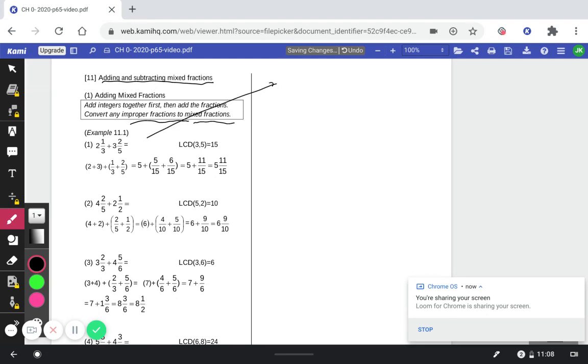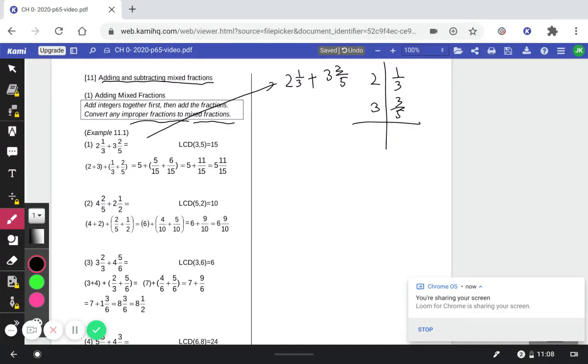So, for example, when you add 2 and 1/3 plus 3 and 2/5, the way you do it is you write it in a vertical way, 2 and 1/3 and 3 and 3/5. And then you separate the integer portion together and the fractional portion together.